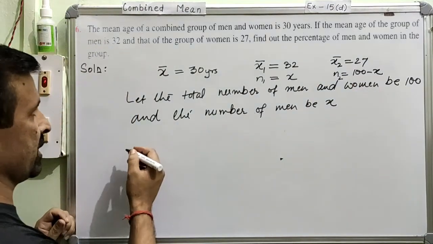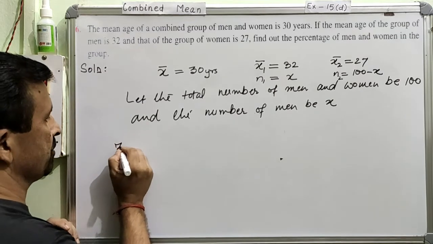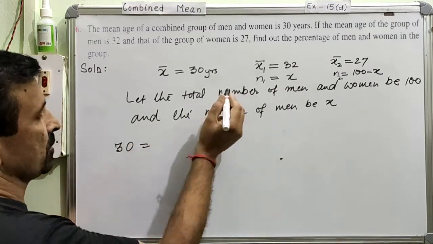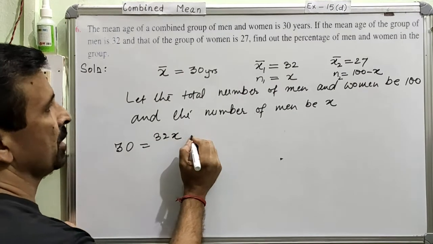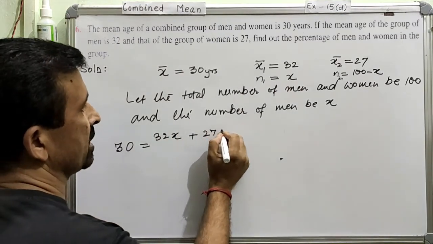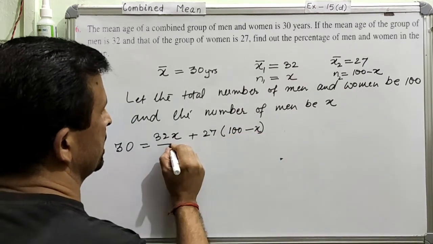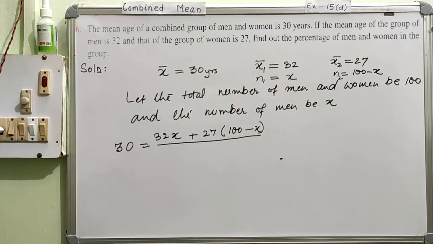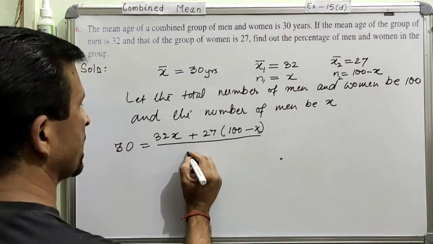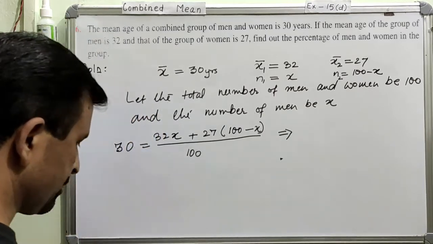So let us start with the same formula. 30 is equal to 32 into x plus 27 into 100 minus x, divided by the total number of men and women, which is assumed as 100.